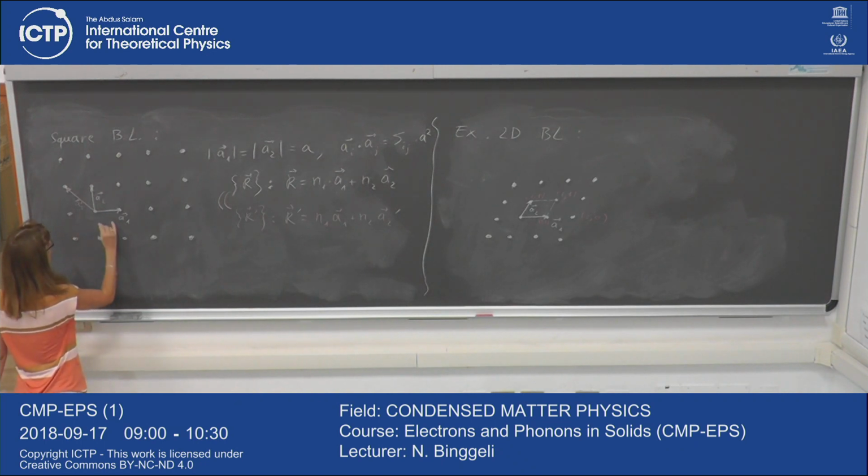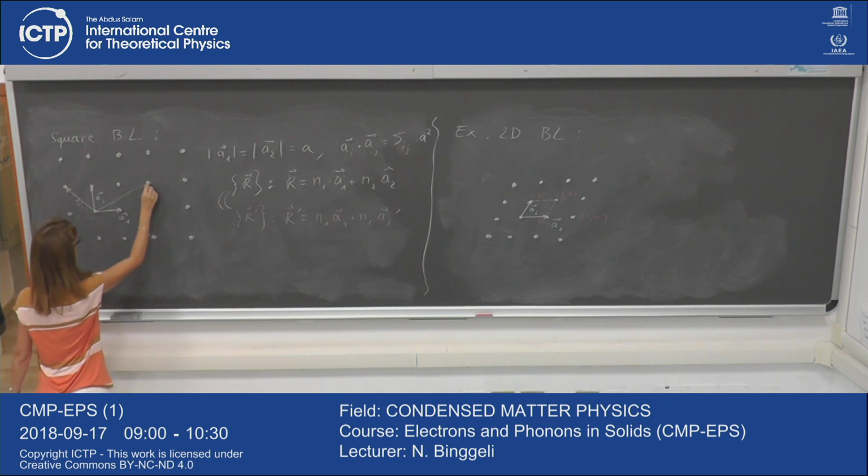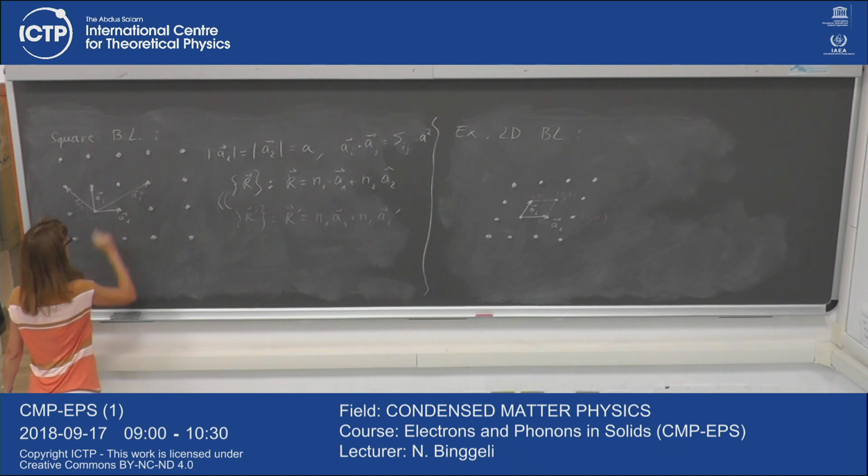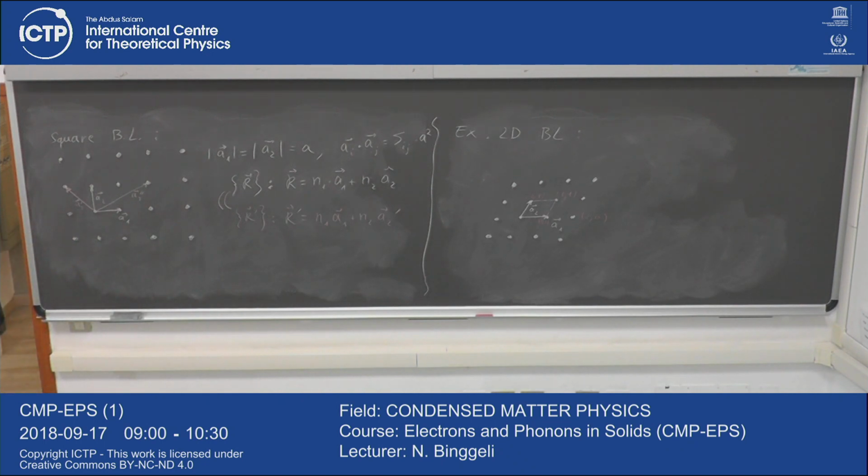For instance, if I take as a2 second prime this vector, I would also generate with a1 the same Bravais lattice. So it's clear that I have an infinite number of possibilities, an infinite set of primitive vectors to generate the same Bravais lattice. Okay? You see that?